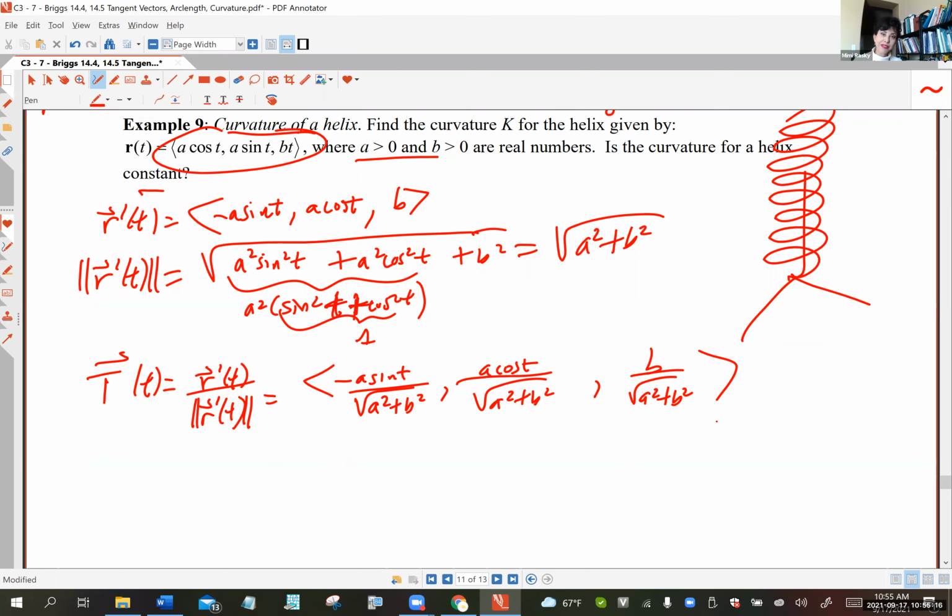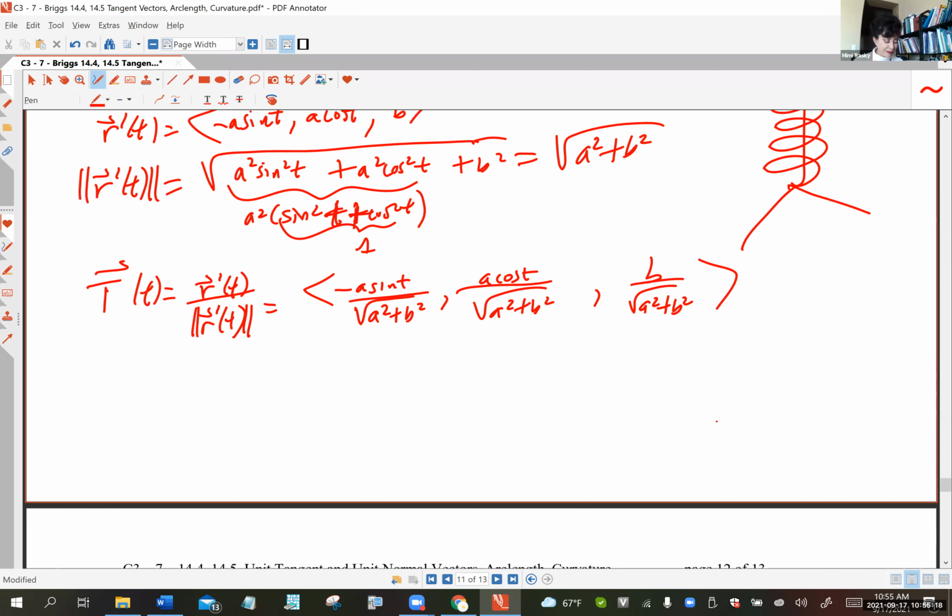Fine. Now what? Go get big T prime. Okay, the derivative of negative a sine t all over this constant square root of a squared plus b squared. The constant just stays itself. You just worry about taking the derivative with respect to t. So the derivative of sine is cos.